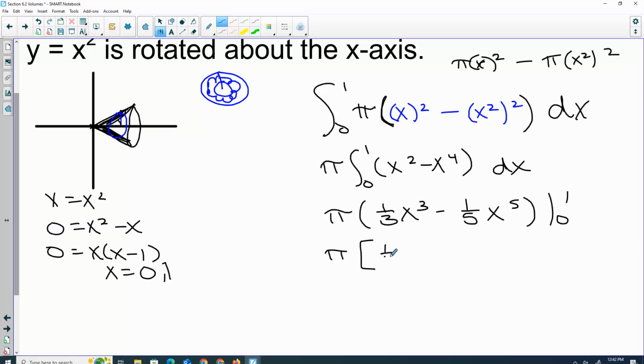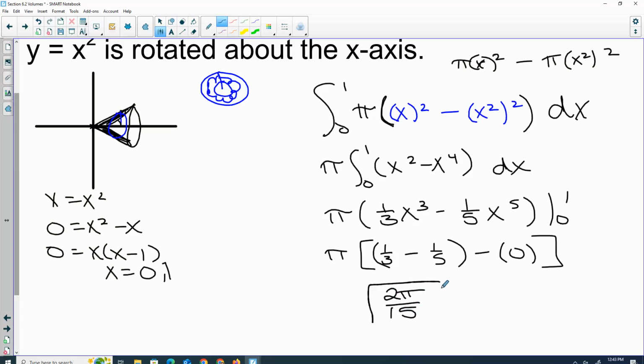So 1/3 minus 1/5, and minus the value at 0, you just get 0. Pi over 15? 2 pi over 15. Oh, yes. I knew I needed 15, so I just got the 15 but did not think about the numerator.